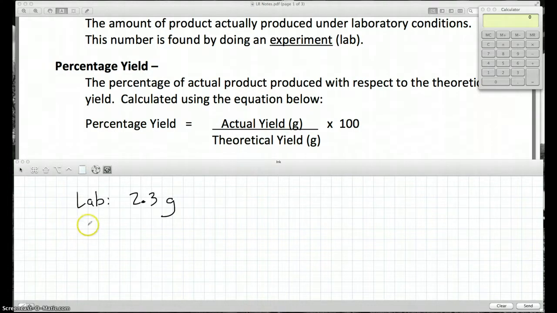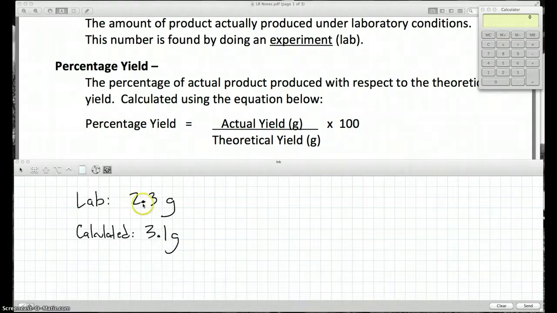We do all that math, and we get an answer, calculated, using the balanced equation, figuring out limiting reactant and all that stuff, of 3.1 grams.